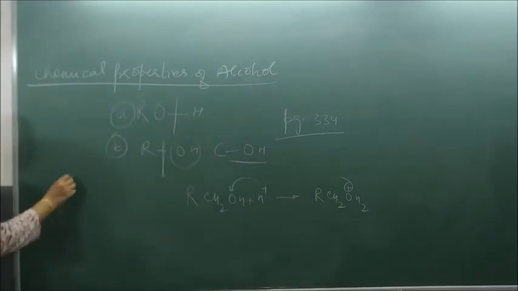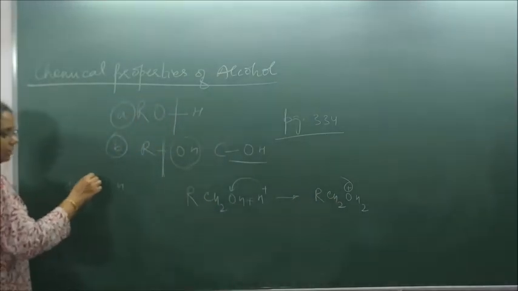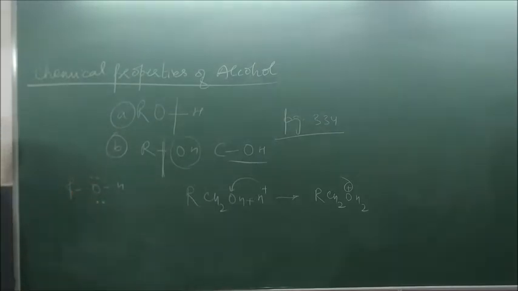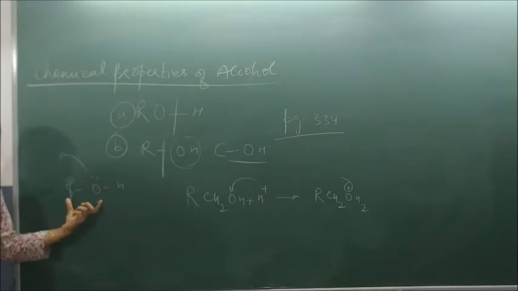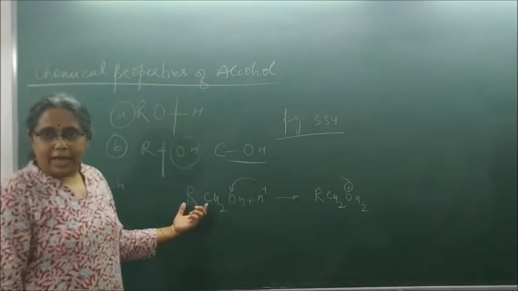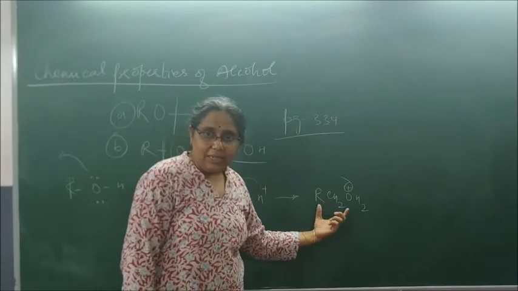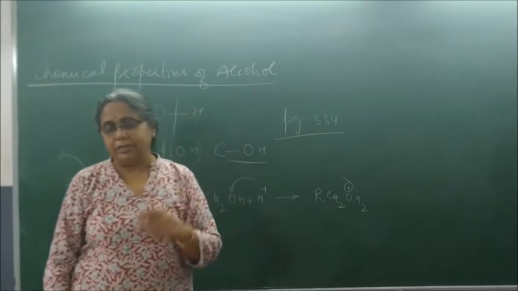In general, if I write ROH, the oxygen is an electron-rich center, so it behaves as a nucleophile. So alcohols can act as nucleophiles and protonated alcohols can act as electrophiles. Please write.